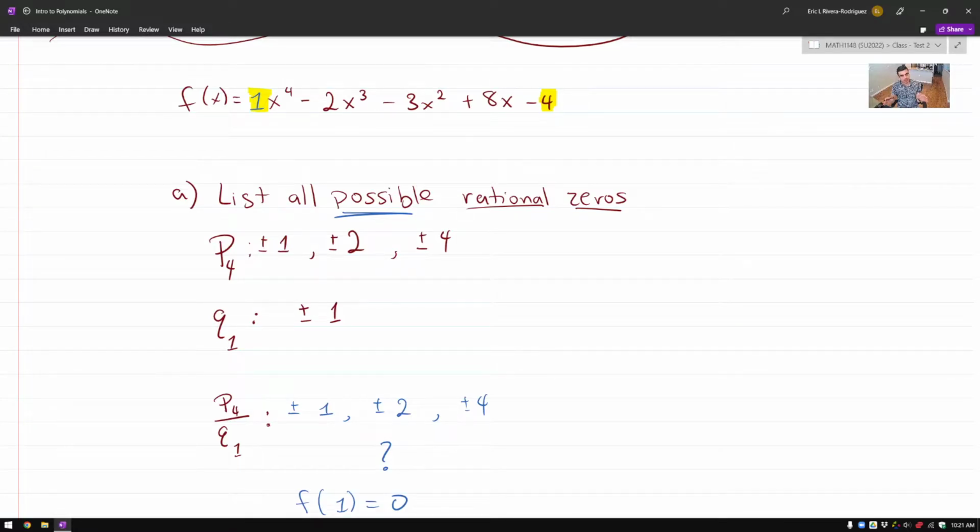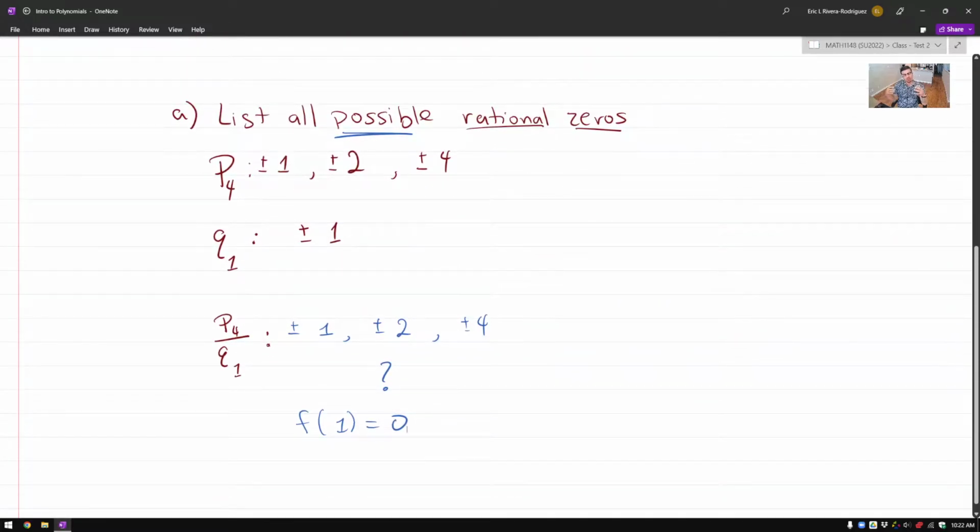There are many ways to test those numbers. The way that we are going to test in our class is by graph evaluation. Why? Because it is the quickest method, and it is going to be more precise. But we can start plugging those numbers into the function to see if we get a 0.